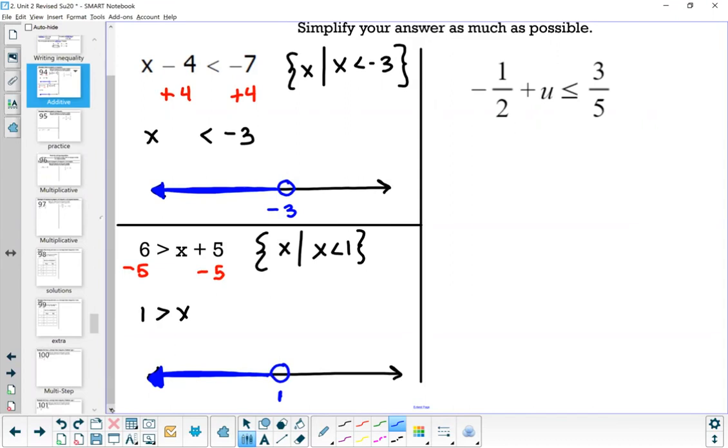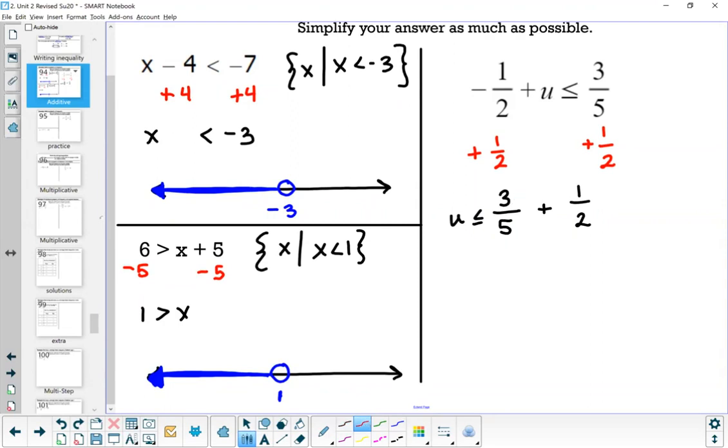Let's look at the fraction here. Add 1/2 to each side. Oh boy. We have fractions, but we're going to do it. So we have u is less than or equal to 3/5 plus 1/2. All right. Common denominator looks like 10 is what we're going to use.